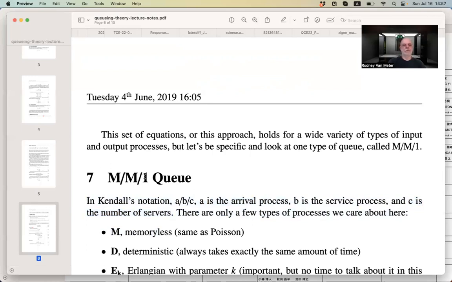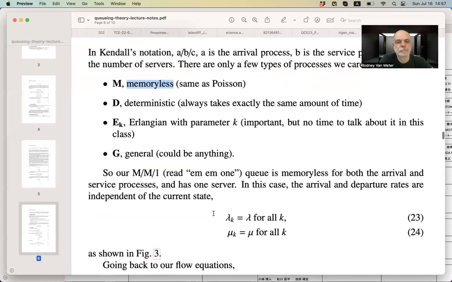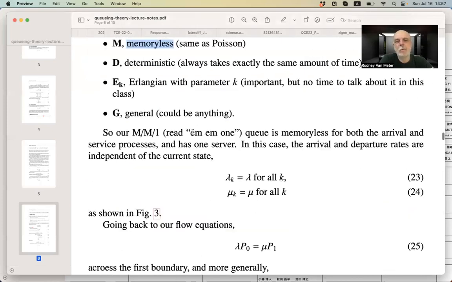In this case, we have one server, and the arrival process and the service process are both this thing called M, which means memoryless, which means the same as a Poisson distribution, although we haven't talked about Poisson distributions. So it's memoryless for both arrival and service processes, and it has exactly one server.